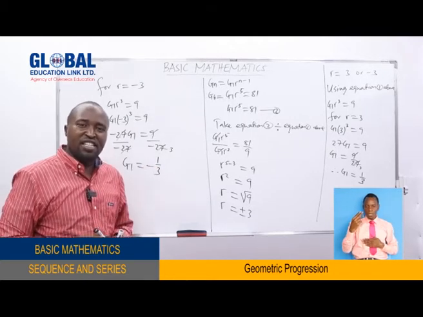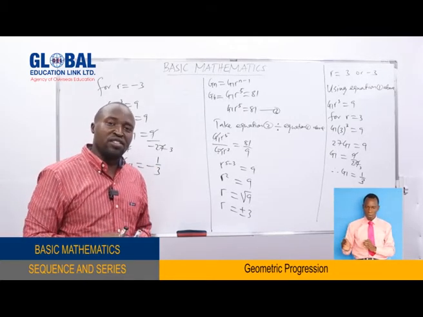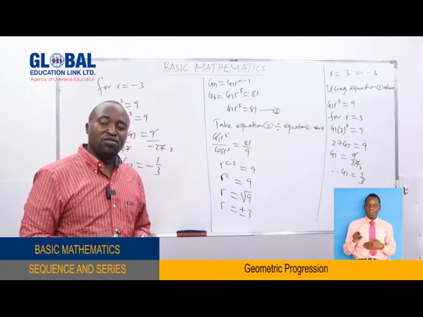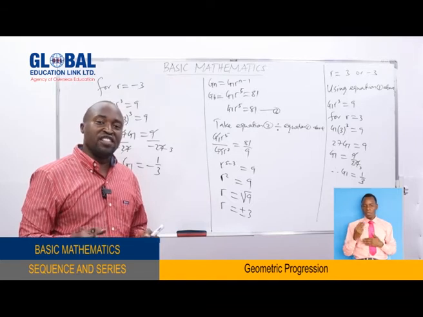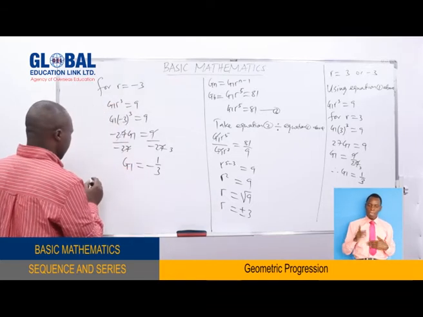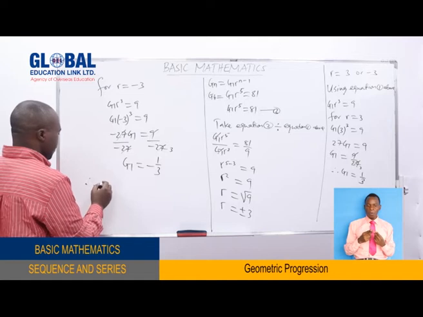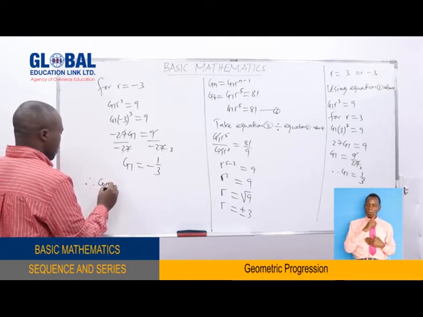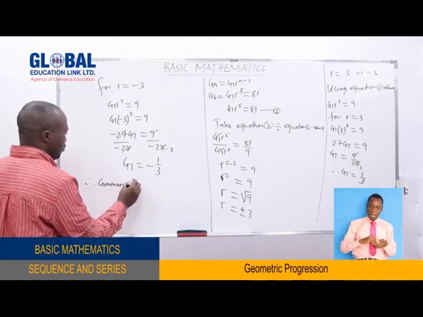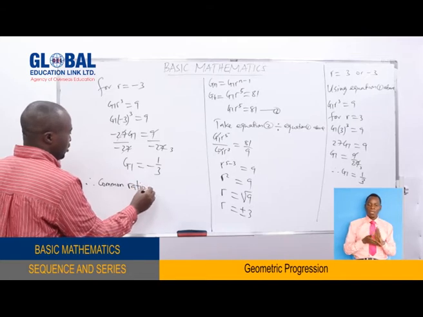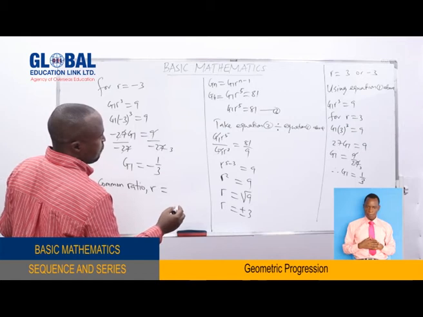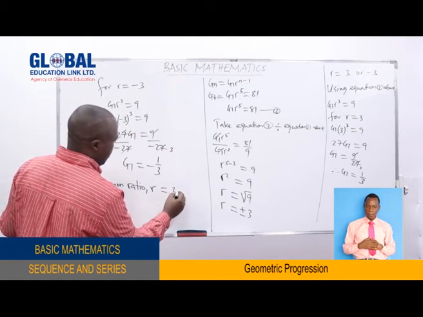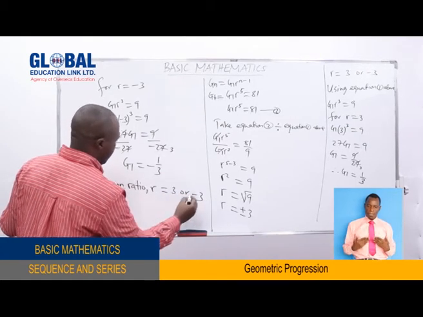So in this case, my dear student, we have two values of common ratio and two values of the first term. So therefore, the common ratio, which is R, is equal to 3 or negative 3.